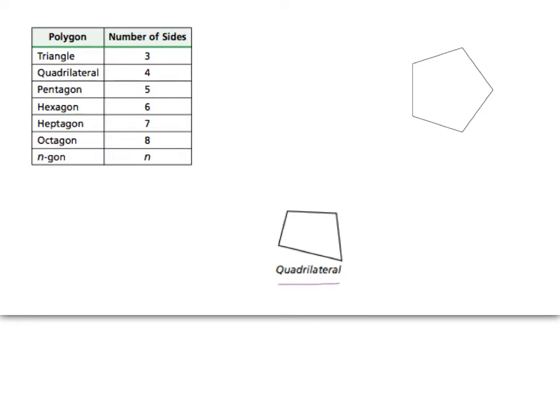Here we have a quadrilateral because we have 1, 2, 3, 4 sides. Here if we look, we have 1, 2, 3, 4, 5 sides. So that is an example of a pentagon. See if you can make an example of a hexagon.